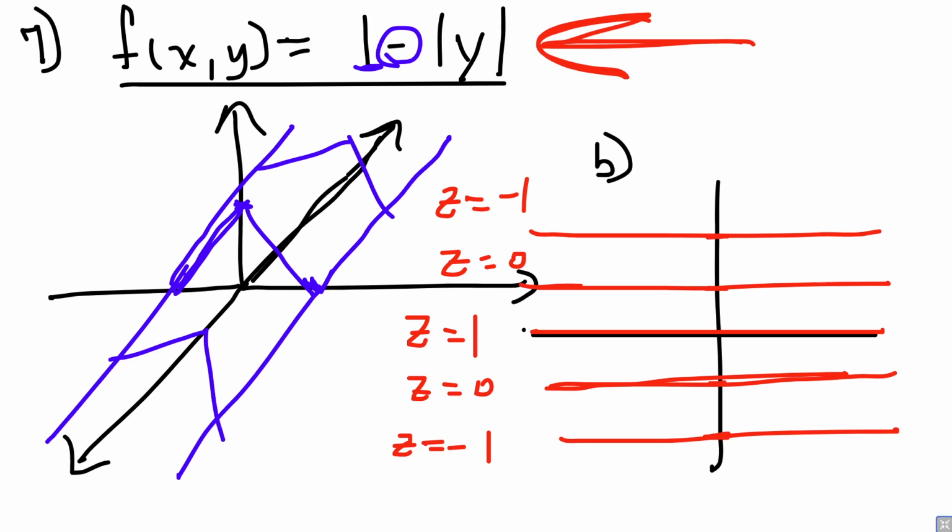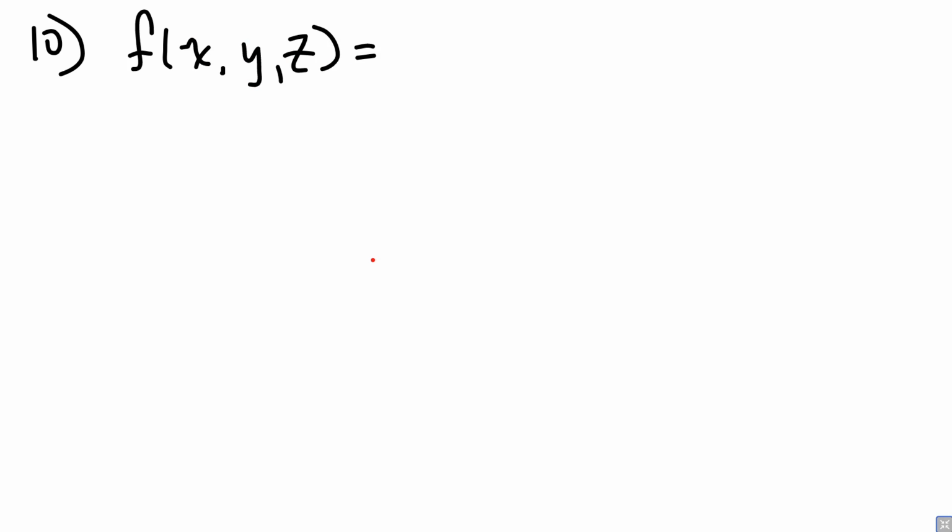Okay. All right, so we got 2 more that we're going to talk about real quick. The first one is this, and I think this is going to be problem number 10. So we're dealing with f of x, y, z is equal to x squared plus y squared plus z squared.